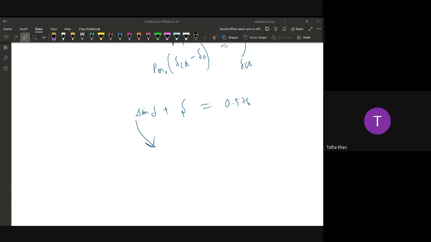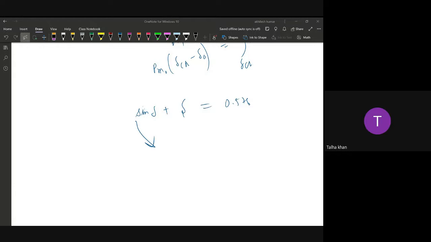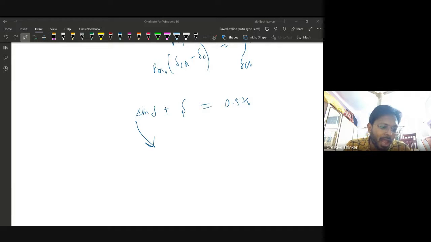Sir, in the calculator, it will only give you one value. Yes, you can check, and I will tell you how to put that value. Use the alpha method. Put your calculator in radian mode, not degree mode.